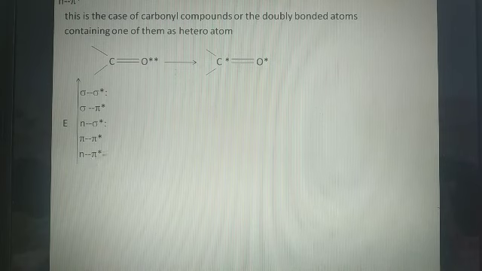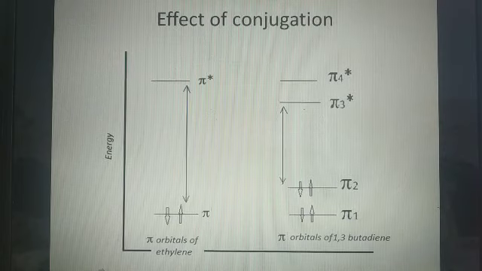Then higher is the pi to pi star transition. Then higher energy is required for n to sigma star, then sigma to pi star, then sigma to sigma star. Only the lowest two, pi to pi star transitions and n to pi star transitions, are mainly of concern in UV and visible spectroscopy.